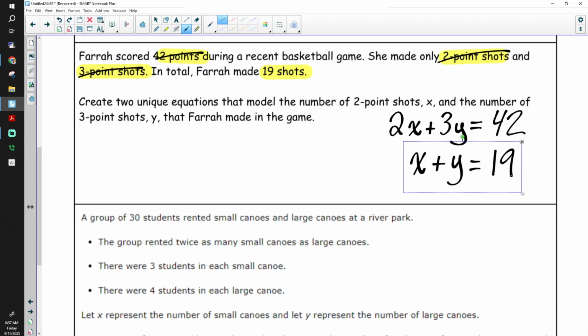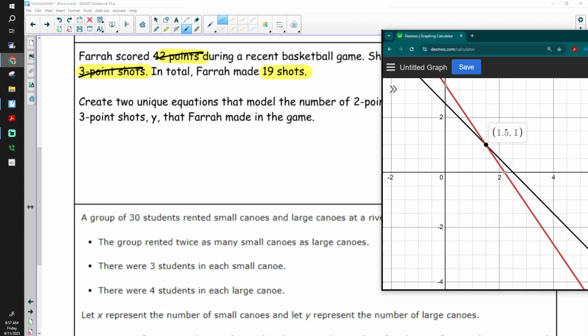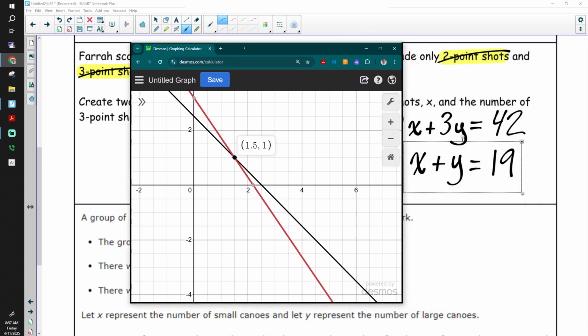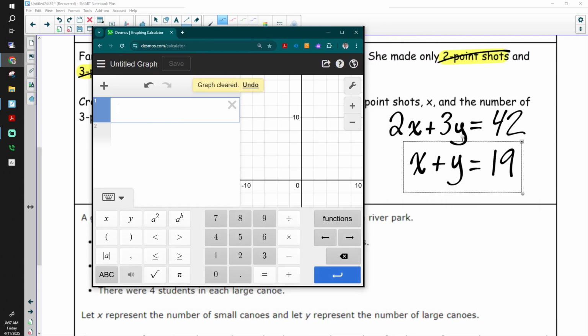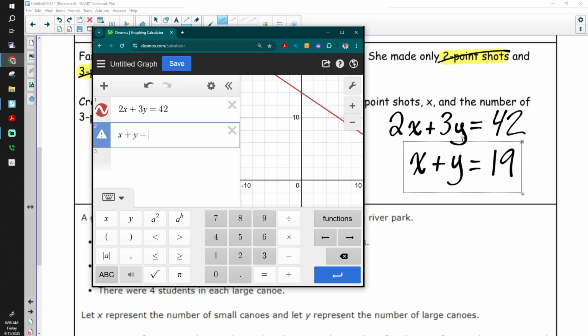To find the number that she made, we just need to graph them and find where they intersect. So I'm going to clear out these old ones and type them in. 2x plus 3y equals 42, and x plus y equals 19.